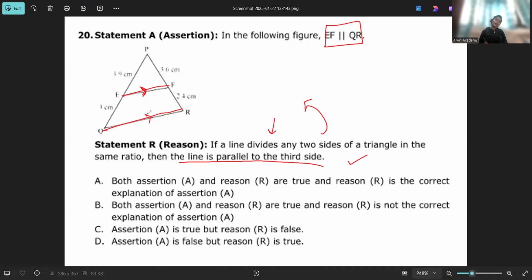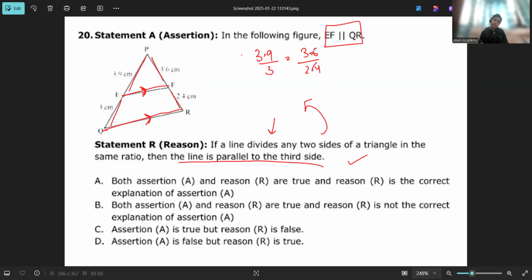If these two lines should be parallel, then PE by EQ should be equal to PF by FR. I write 3.9 by 3 is equal to 3.6 by 2.4.